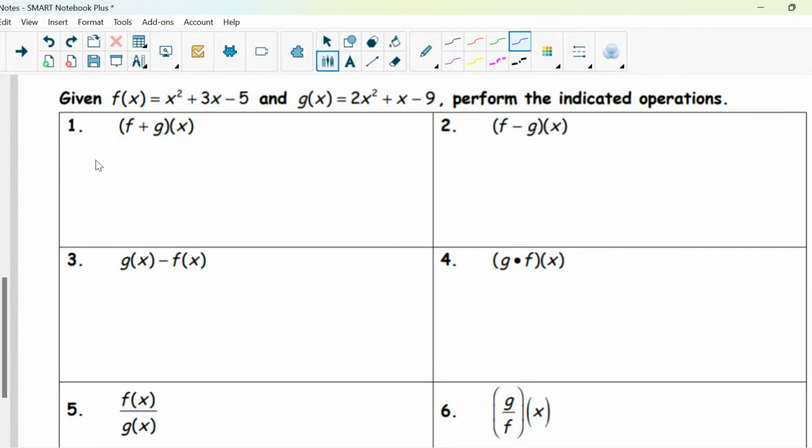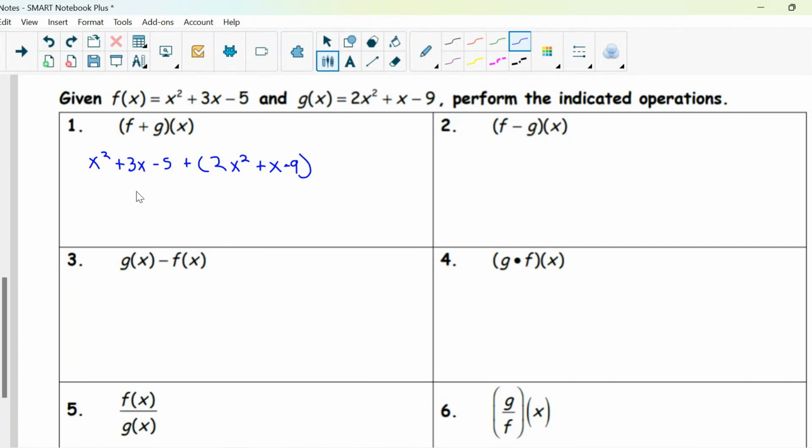So I've got f of x, which is x squared plus 3x minus 5. And we're going to add that to g of x, which is 2x squared plus x minus 9.